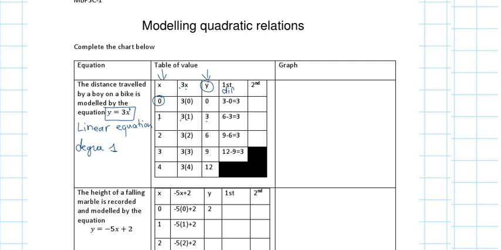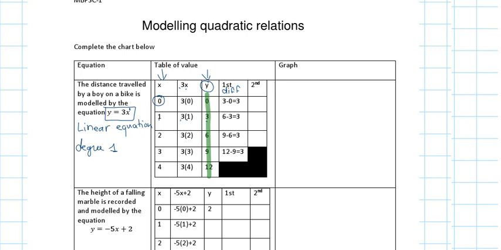So the first difference is I take the y values, so you see these y values here? What I will do is I will take y2, the second y value, and I subtract the first. So I do 3, take away 0. That gives me 3.